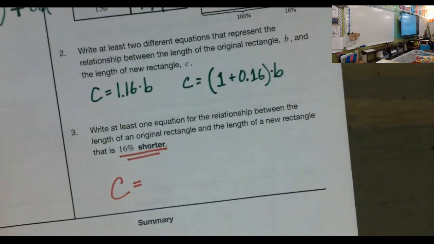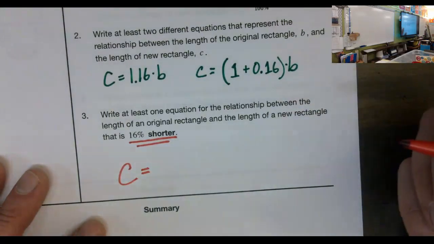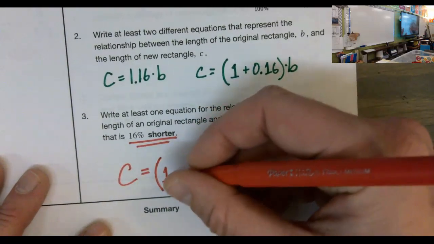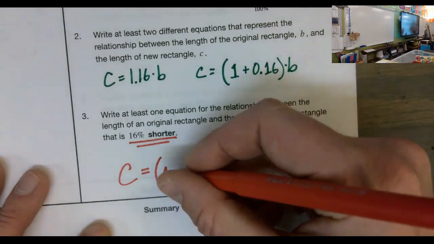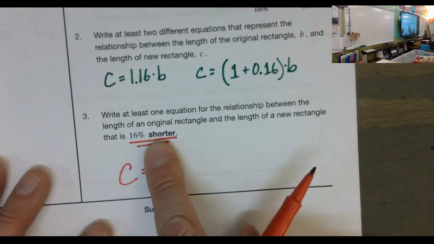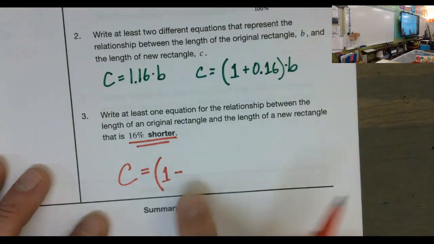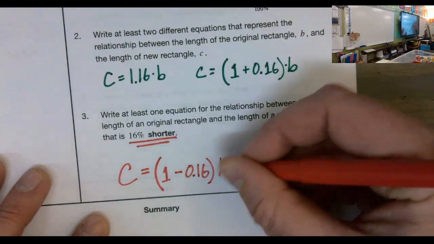We're getting 16% shorter. What percent do we start at? Start at 100. I'm going to do the slower method first. So 100% is 1, right? How do I do 16% shorter? Subtract what? Yeah, because 16% is 0.16.